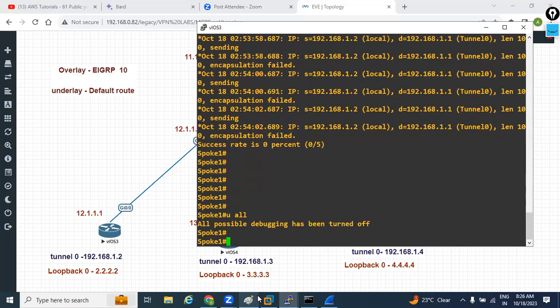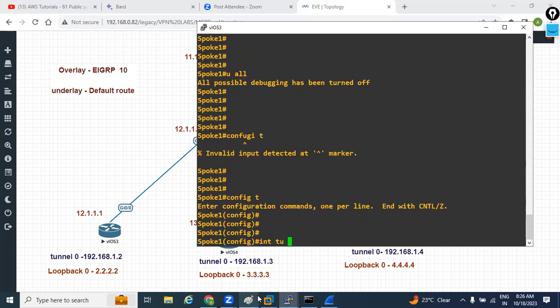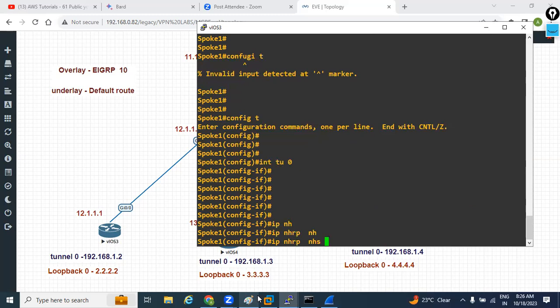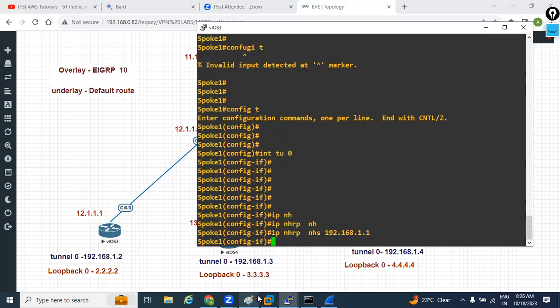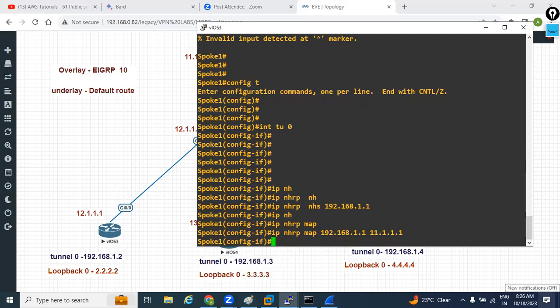So now on the spoke itself, interface tunnel 0, who's my NHS? 192.160.1.1. How to reach? 11.1.1.1. What's the mapping? The same mapping as yesterday.